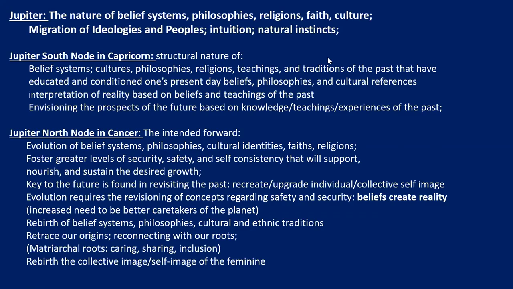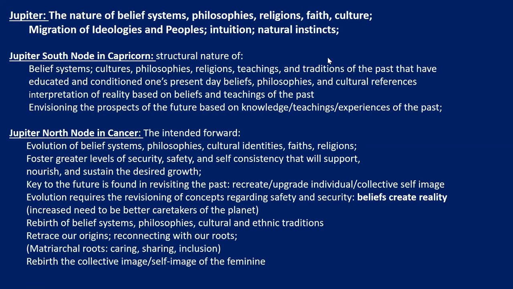So this is our interpretation of reality, but based on those beliefs and teachings of the past. And this is how we envision our prospects of the future based on that knowledge, those teachings, those experiences, right?